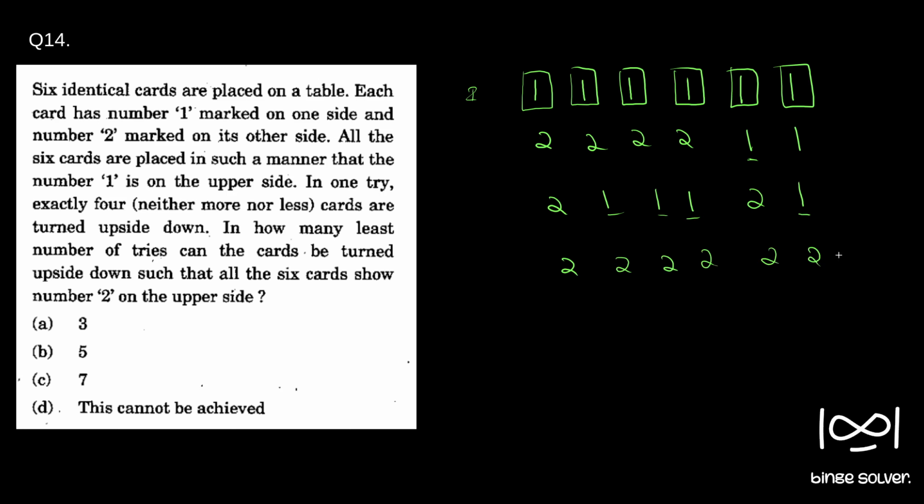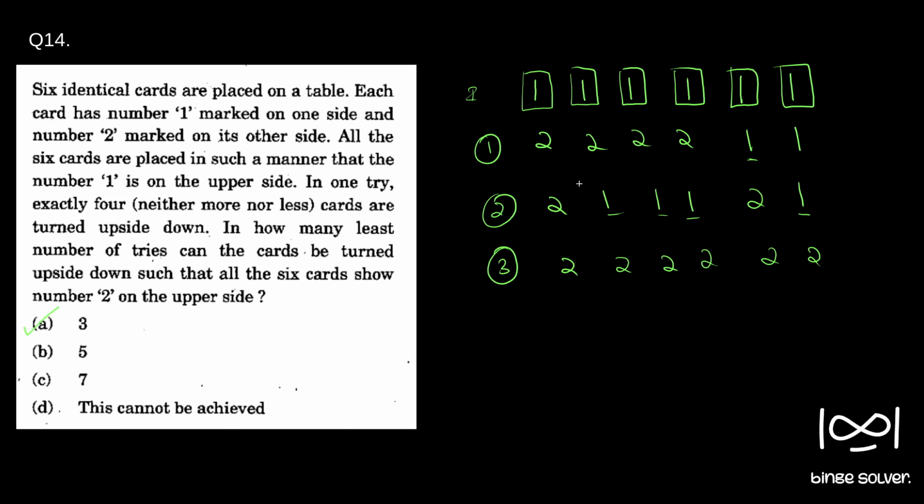So all the cards are showing 2 on the upper side. The question is, in how many least number of tries can the cards be turned? This is our first try, this is our second try, and this is our third try. In the third try, we got all 2s on the upper side. So our answer is A. Question 14, A is the solution.